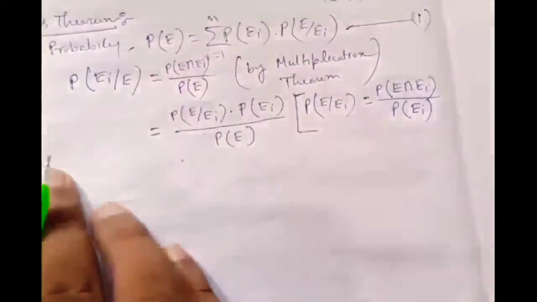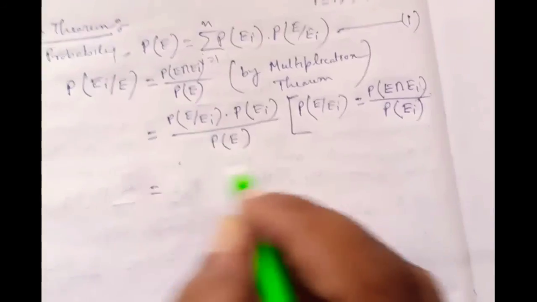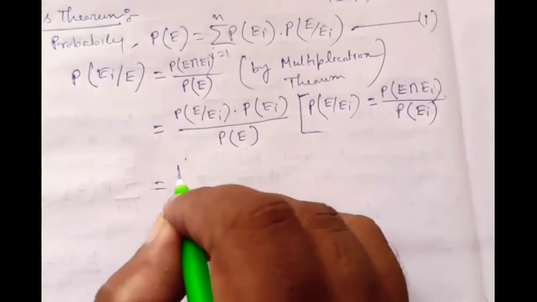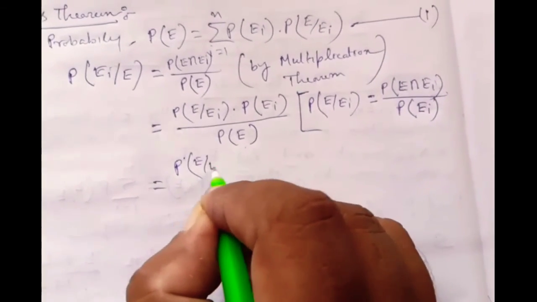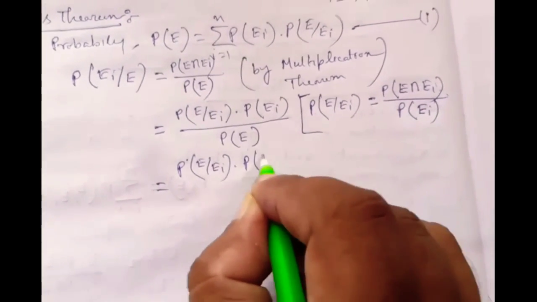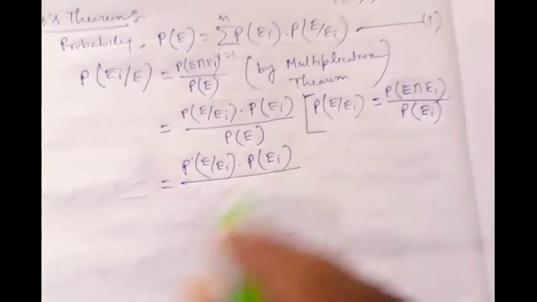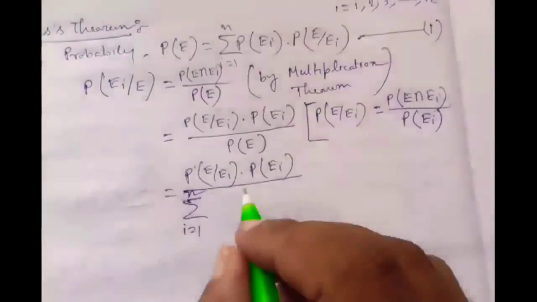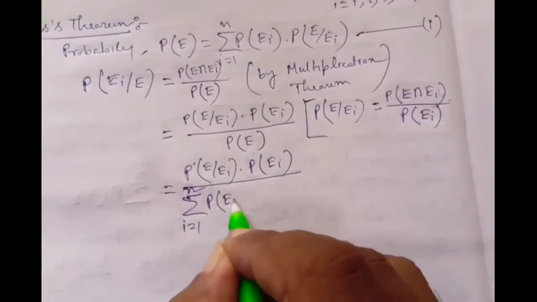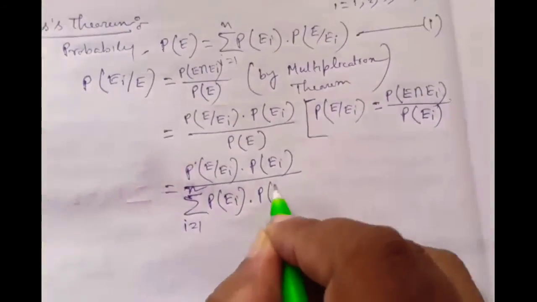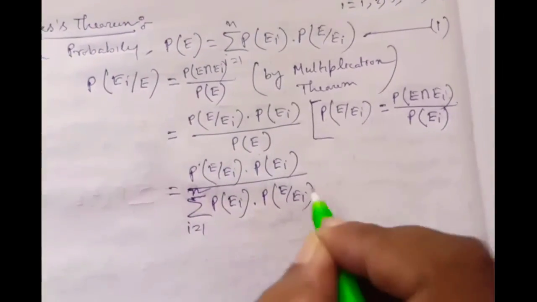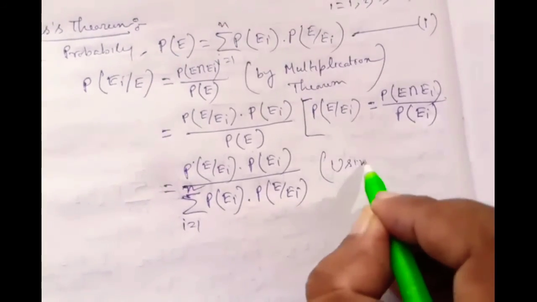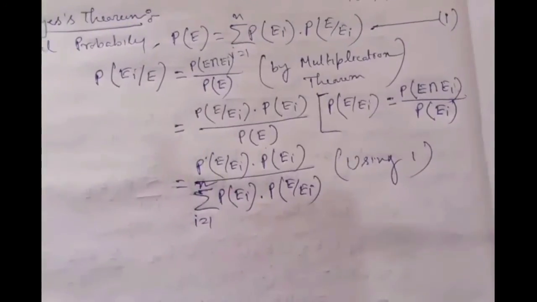So by taking equation number 1, we put the value of probability of E. So we get probability of E by Ei into probability of Ei divided by, by the theorem of total probability, summation i equal to 1 to n probability of Ei into probability of E by Ei. Okay, this is by using equation number 1.